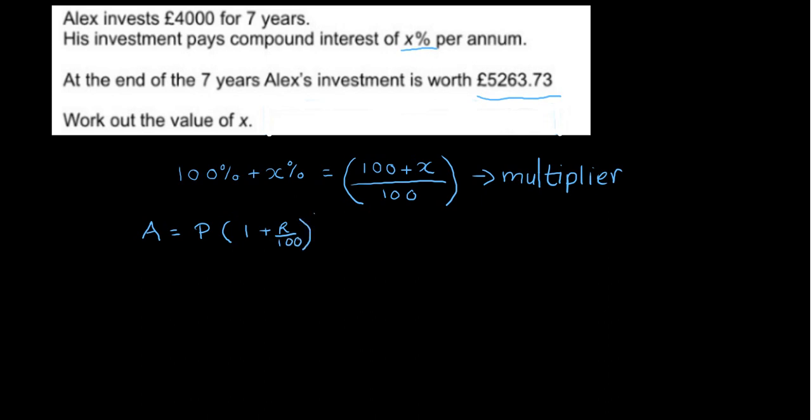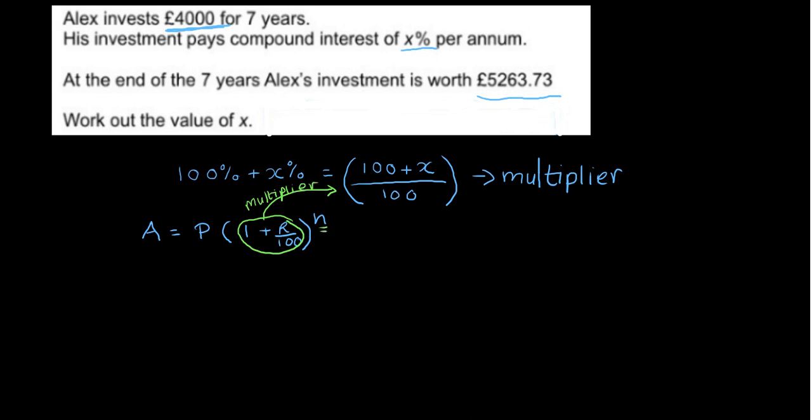A stands for the amount, P is the principal, which is the original amount of money that has been invested, which is £4,000. This whole thing is your multiplier. So in this case it's going to be 1 plus X over 100. Let me just write this down. And n is the number of years.